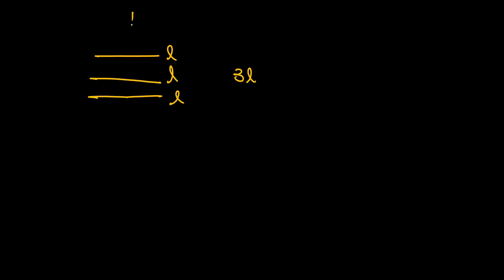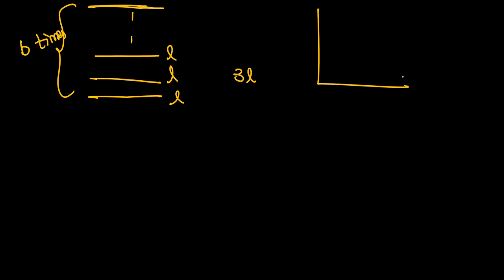If I keep L's B times like this, 1L, 2L, 3L, up to B into L, that's the area of a rectangle. They keep those sticks like that, L, 1, 2, 3, 4, up to B times. That's why it is called length into breadth. Everyone knows the area of a rectangle is length into breadth.